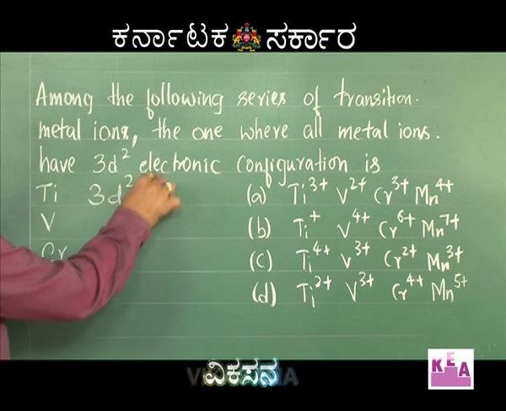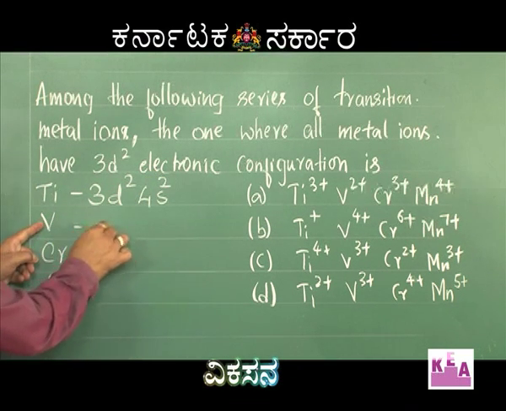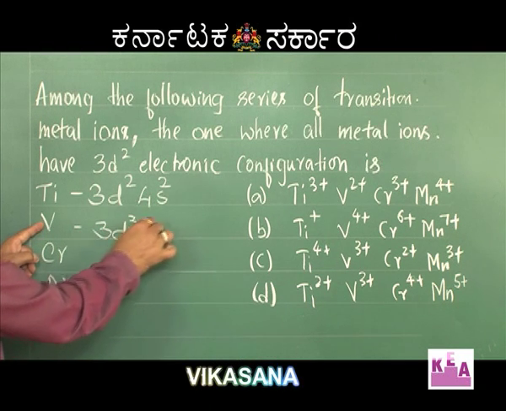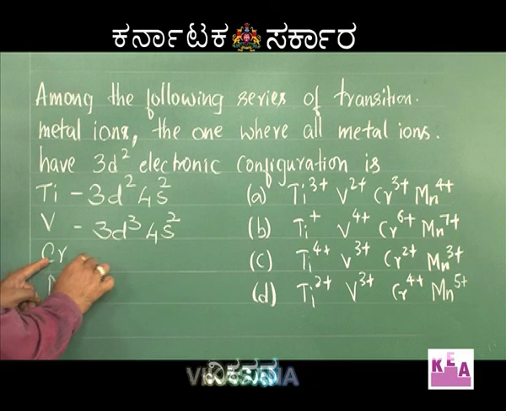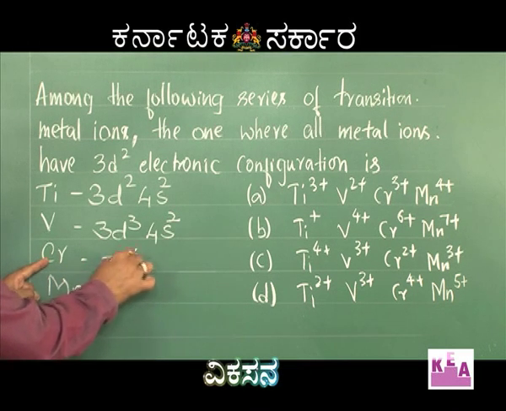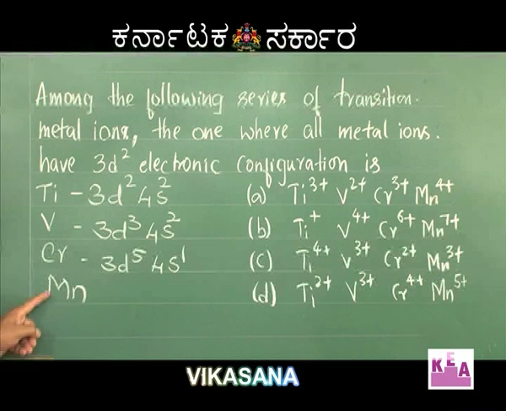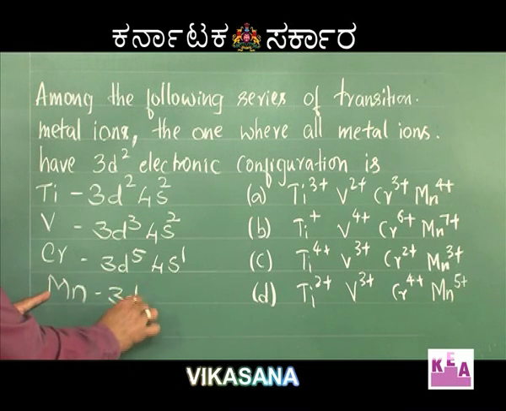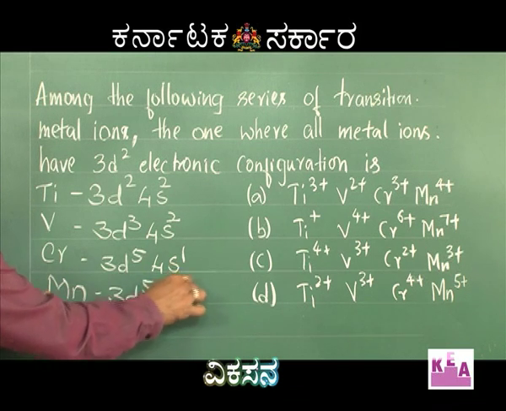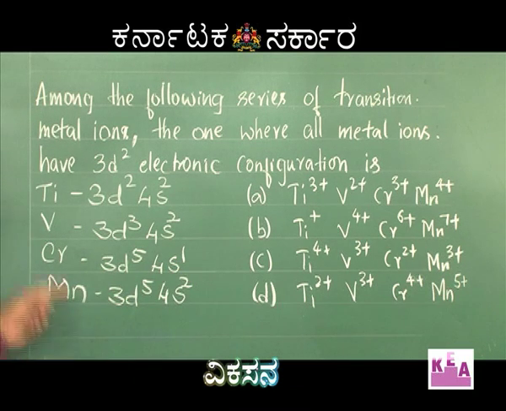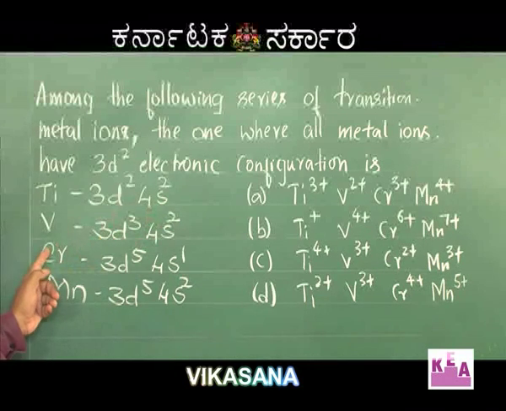Titanium 3d2 4s2, vanadium 3d3 4s2, chromium 3d5 4s1, manganese 3d5 4s2. These are the ground state electronic configurations of the given metals.